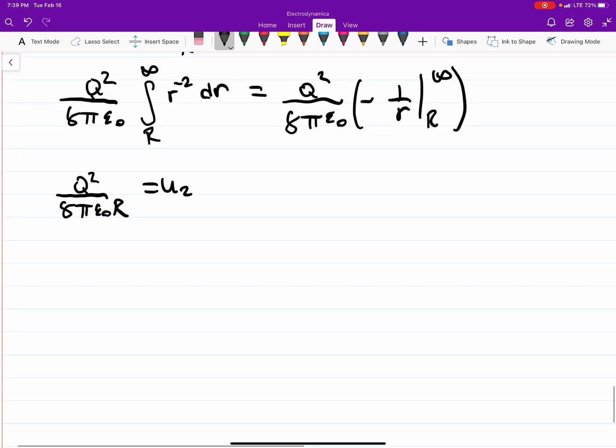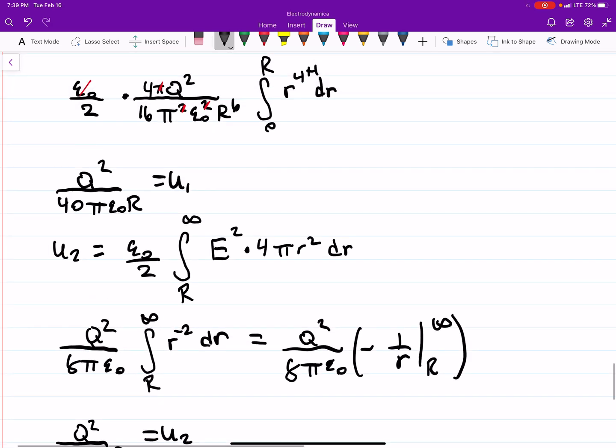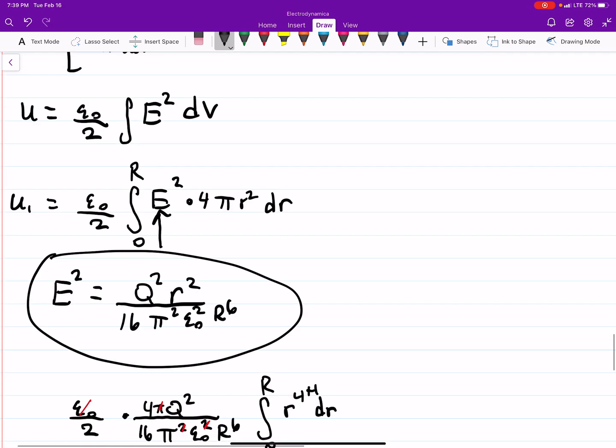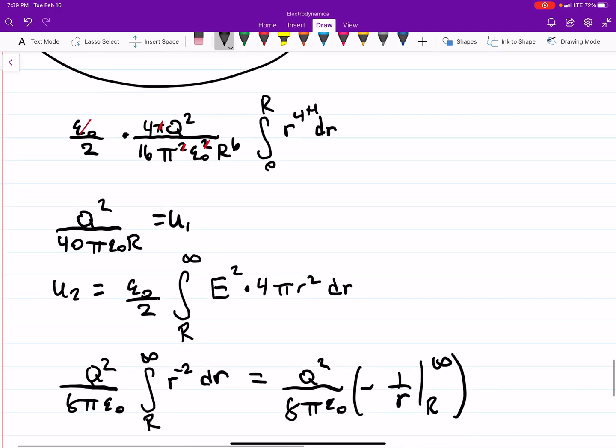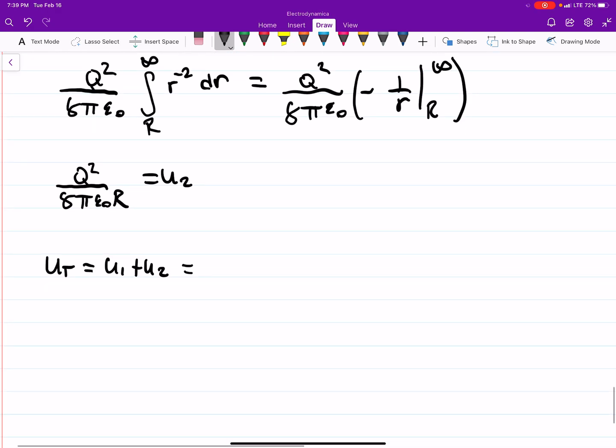Now my total energy would just be U1 plus U2, which is right there. So let's see, Q squared over 40 pi epsilon naught R plus Q squared over 8 pi epsilon naught big R.